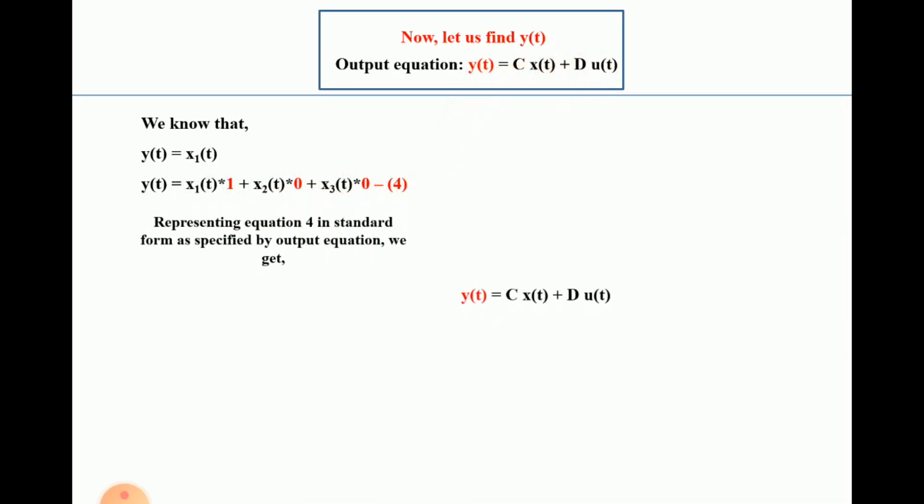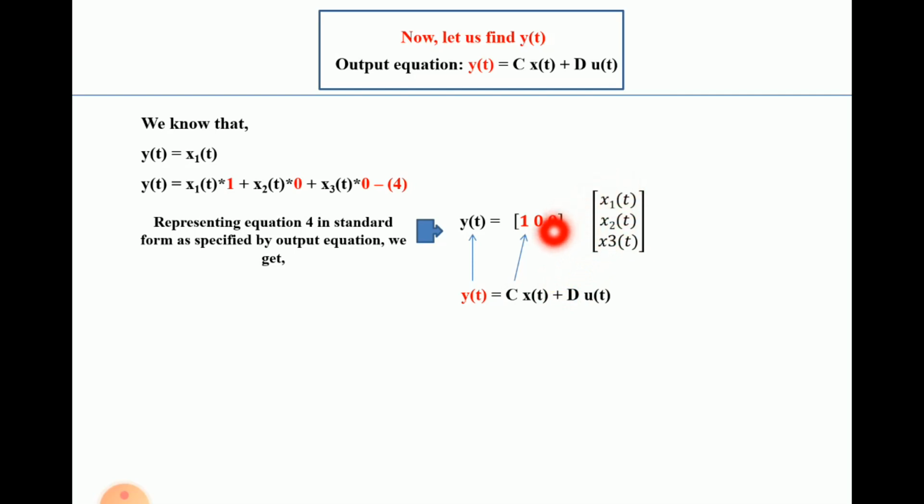Now let us represent the output equation as given by equation 4 in the standard form of output equation. Now again y of t, so we will write y of t is equal to C. This is our C matrix. Again, x of t means all the three state variables represented as x1, x2, x3, that is x of t. Now in case you are wondering what is C, here C is associated with what? X of t, right?